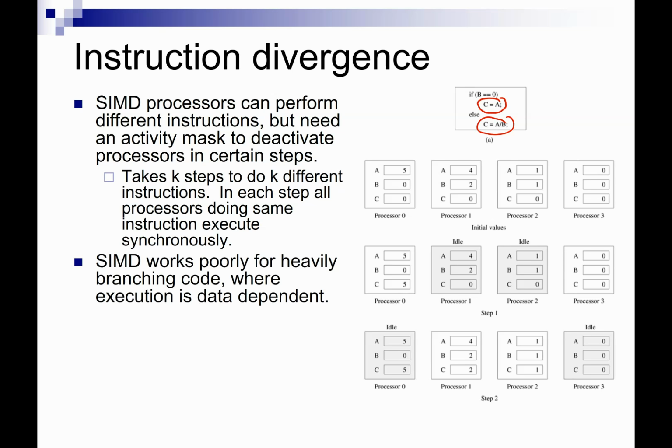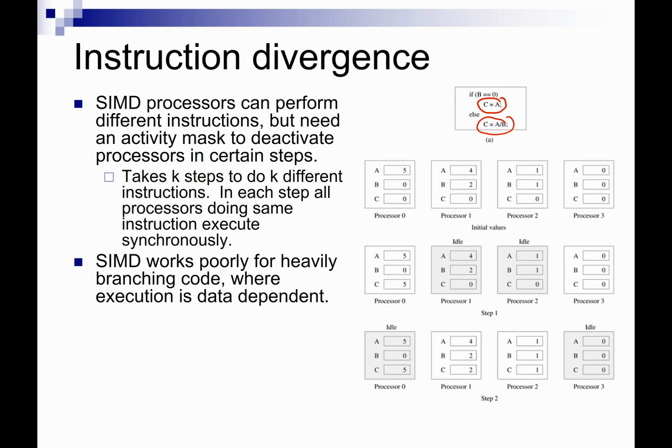This situation where you have different instructions done by different processors is called branch or instruction divergence. Here we have two-way divergence because we have 2 different branches that we can take. But if you have k different branches that the processors need to take, then instead of taking 2 time steps, you would need to take k different time steps. So SIMD processors are not good when you have this instruction divergence.